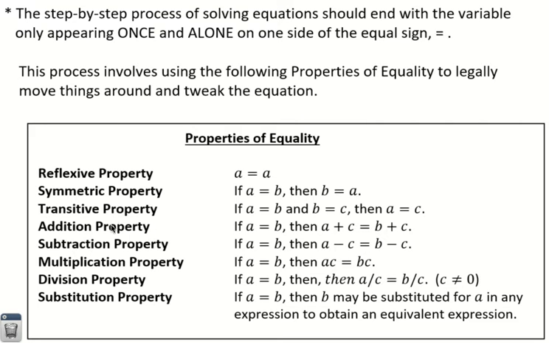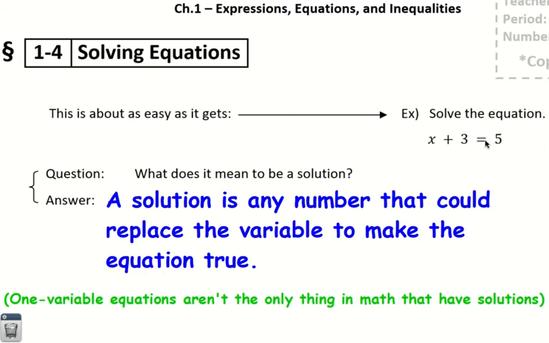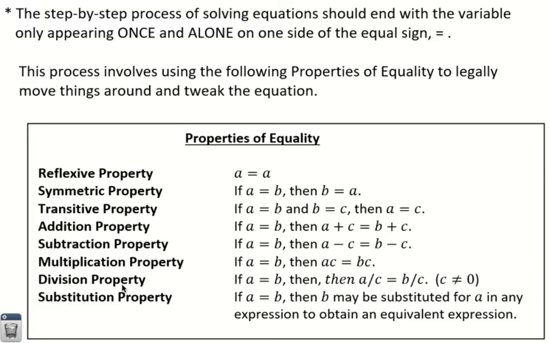Like when you add the same thing to both sides. Well, actually, let me change it up. What would you do to both sides here to get x by itself? You would subtract 3 from both sides. You probably never think about how there's a property that says you are allowed to subtract the same thing from both sides of an equation.